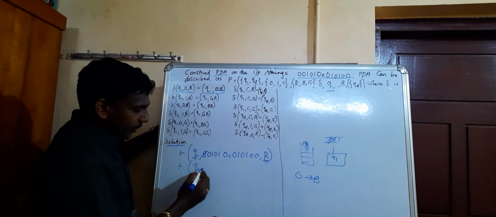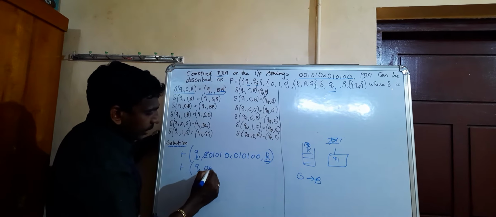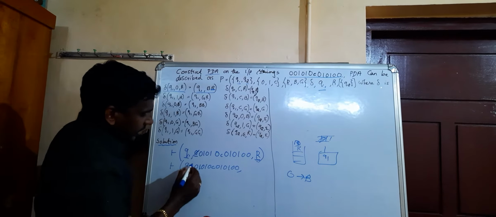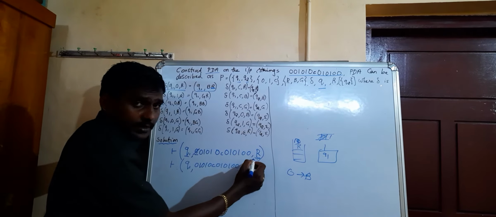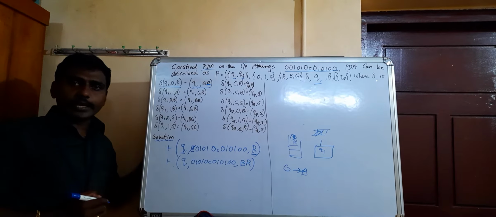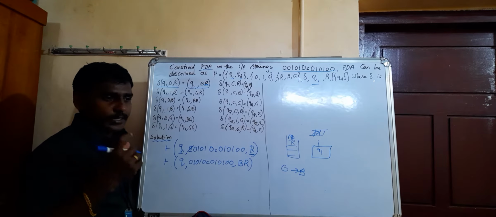So Q1, and the 0 is popped from the input and pushed into the stack, converted into B, so it is BR. Q1, comma, the remaining input 0 1 0 1 0 C 0 1 0 1 0 0, comma, BR. Clear? This is the very critical thing you have to understand.